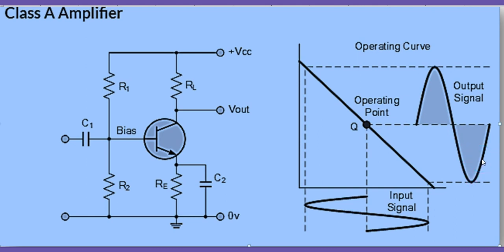There is no distortion, but the problem in the class A amplifier is that because the Q point is at the center, some base current always flows even without the input signal, and this becomes the limitation of the circuit for its efficiency, because without input signal some base current is flowing. But the signal is exactly reproduced.